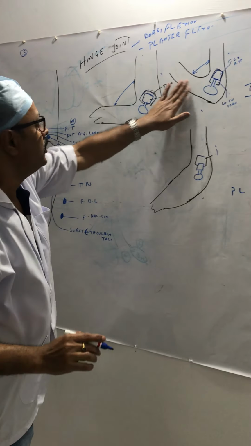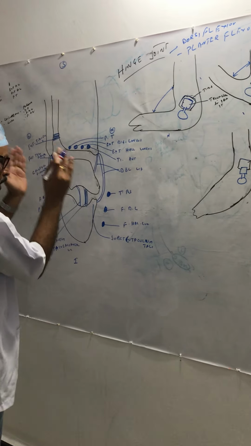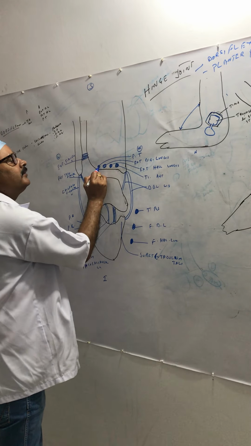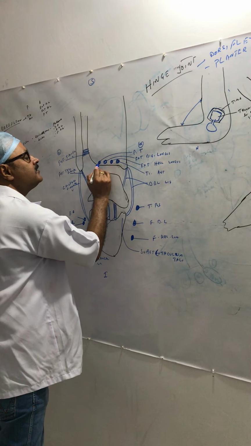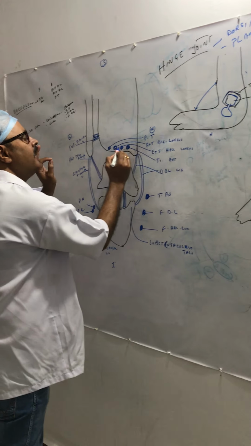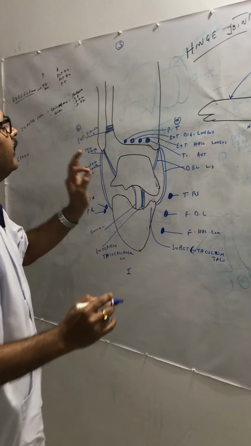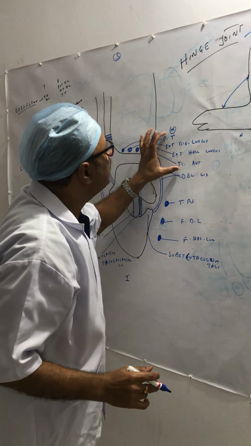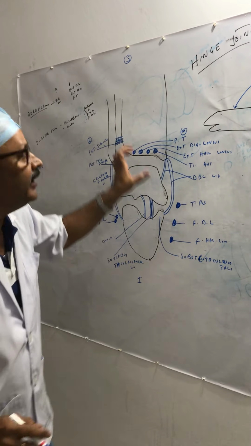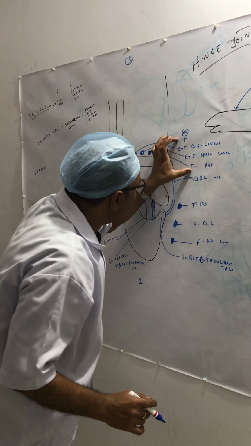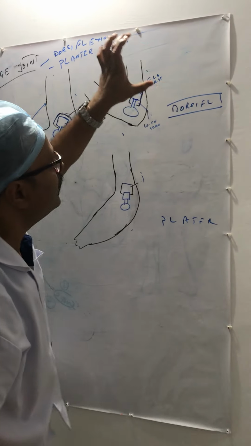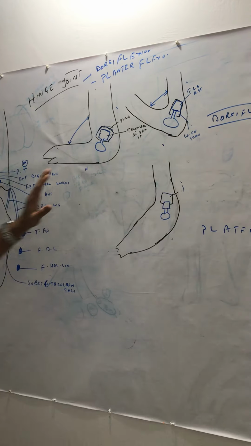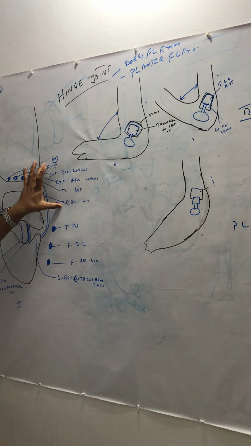While talking about the relations, we talked about the peroneus tertius, extensor digitorum longus, extensor hallucis longus, and the tibialis anterior. We have read about the four muscles which are related anteriorly to the ankle joint, and these four muscles produce dorsiflexion.